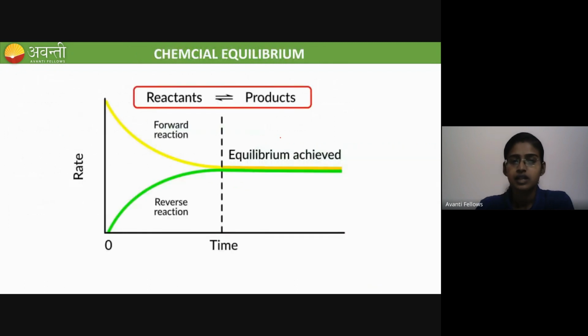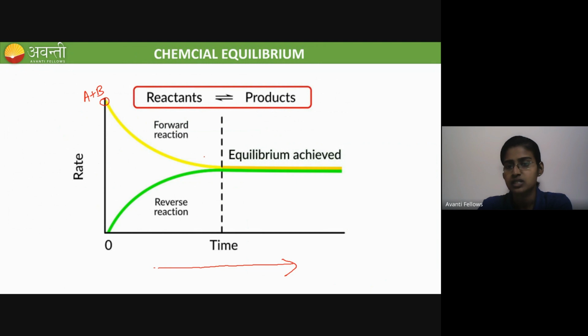The reactants will be in equilibrium with the product. As time increases, this is the concentration of the reactants A plus B. For the forward reaction, A plus B gives C plus D, and at one point equilibrium is achieved.